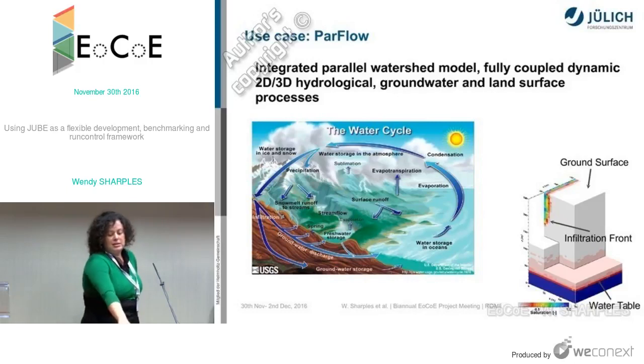So as you can see here, you've got a variably saturated infiltration front on the figure on my right, and that gradually sinks through the porous media to the water table.